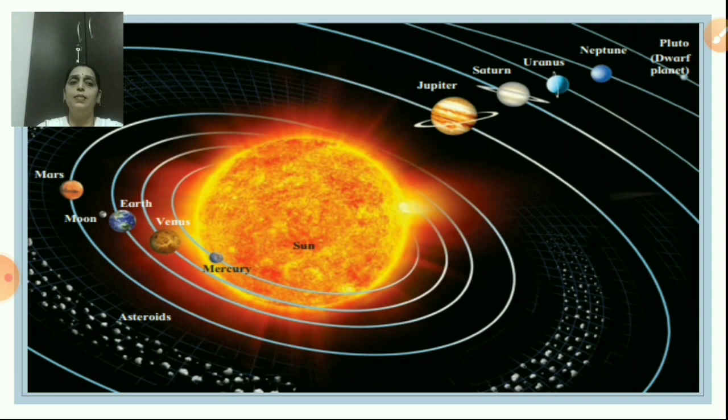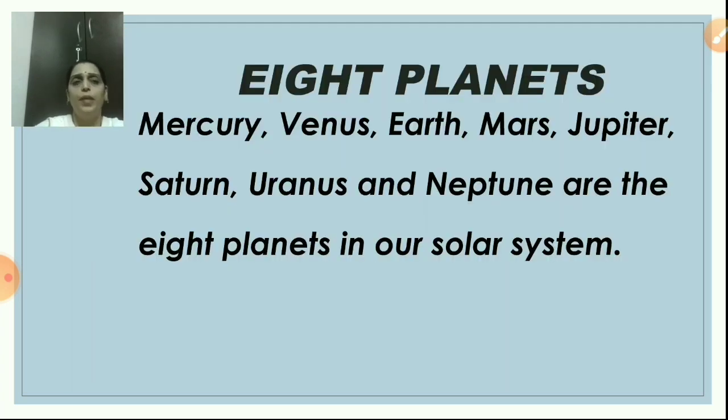And what else can we see? We can see Pluto, which is a dwarf planet. Then asteroids also we can see. So this is our solar system.